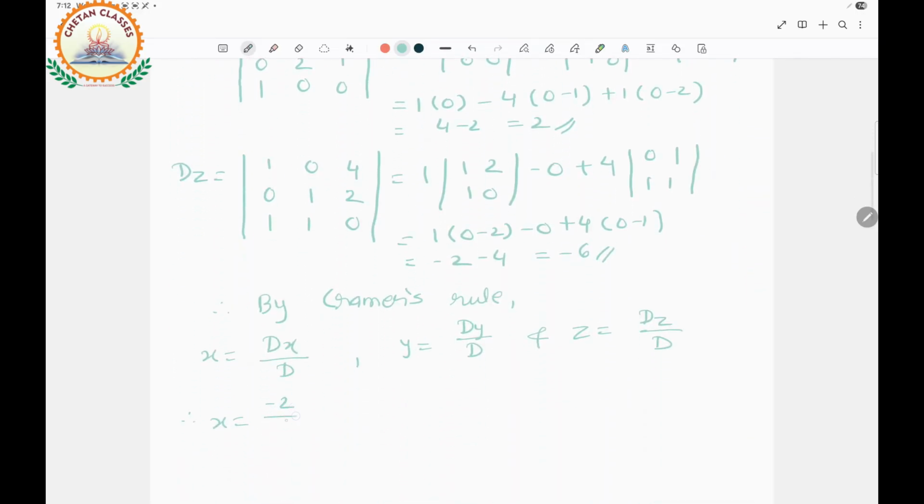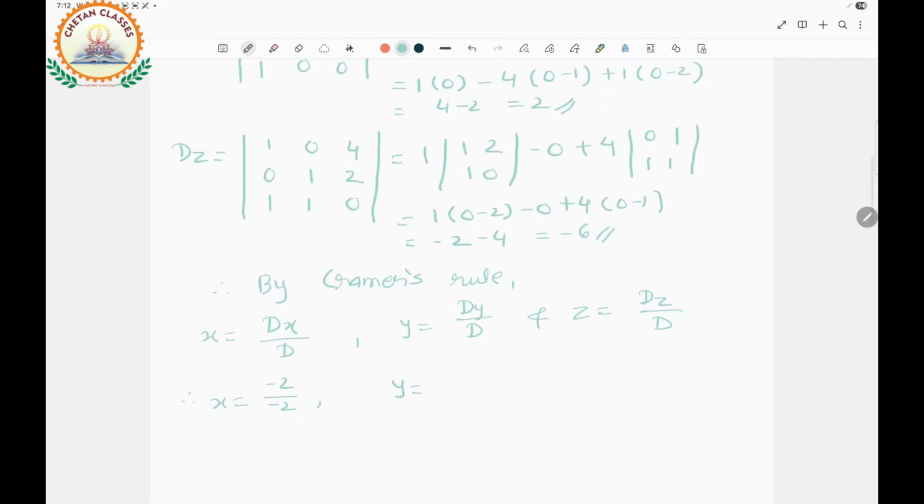So here minus 2 upon minus 2, y is equal to dy is 2 upon minus 2 and z is equal to minus 6 upon minus 2. Therefore, x is equal to 1, y is equal to minus 1 and z is equal to 3. This is the solution of the given equation.